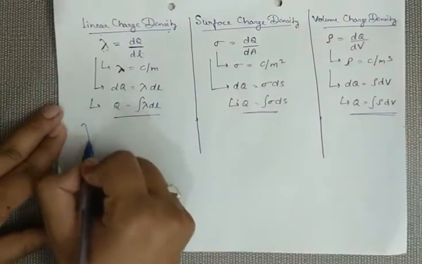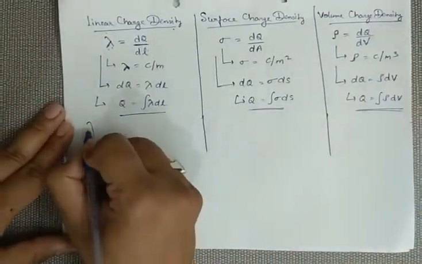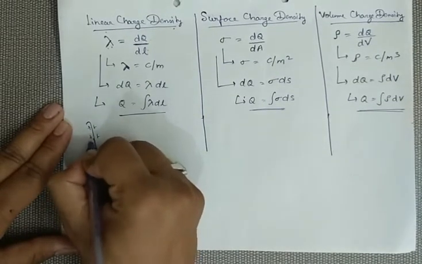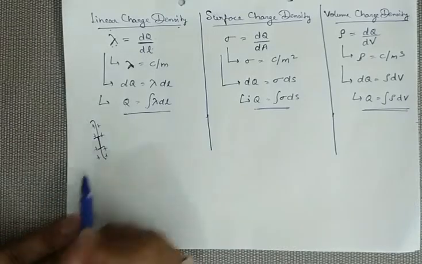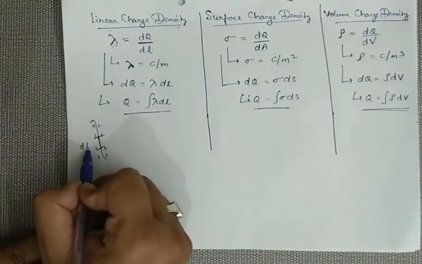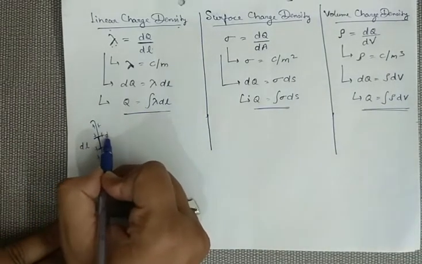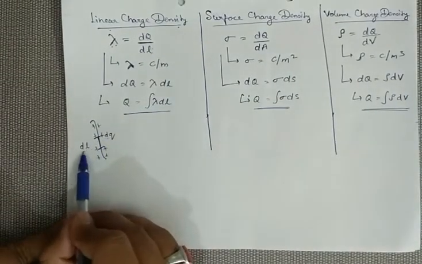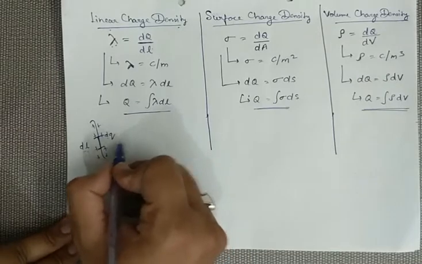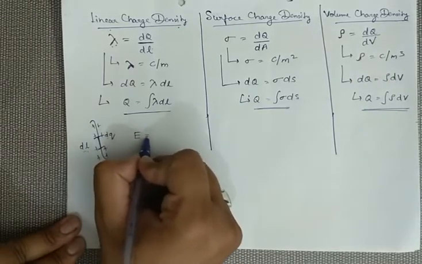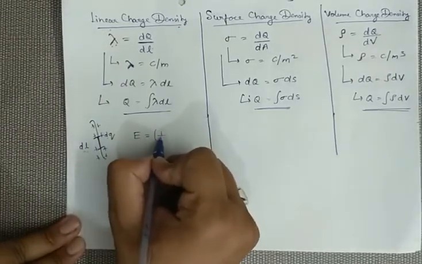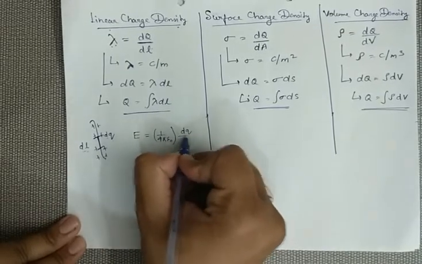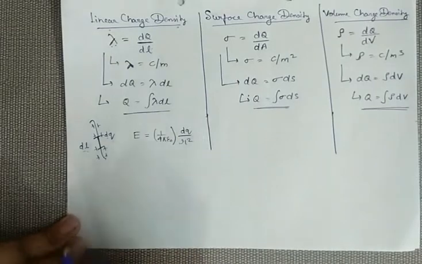Suppose this is a small wire containing some charge. If I take a small segment of this wire, dl, it contains a charge dq. So if I have to find the electric field, as we know, electric field is 1 upon 4 pi epsilon naught times charge upon distance square, r square.